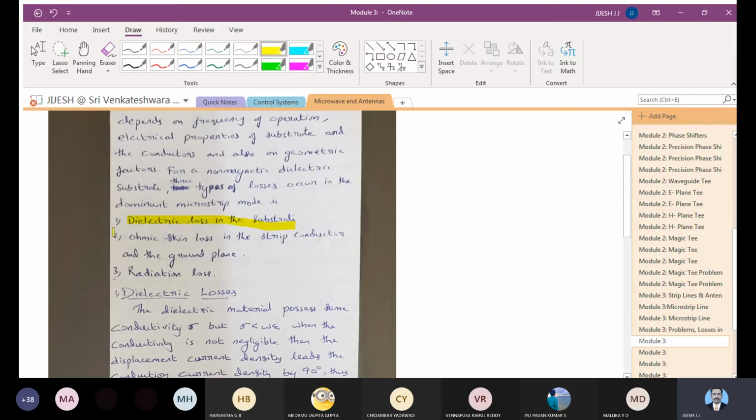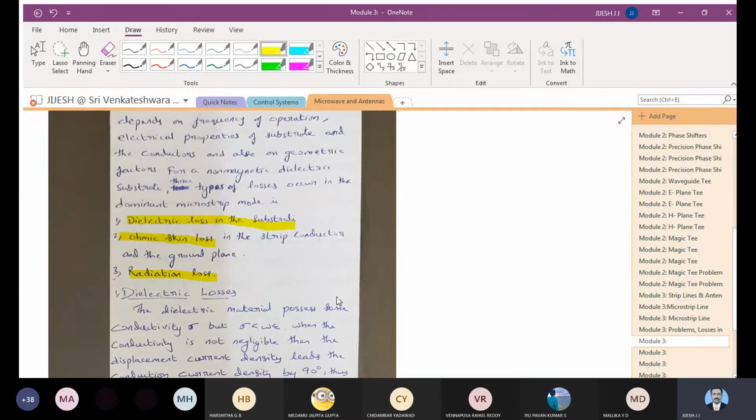So dielectric loss, ohmic skin loss and radiation loss. We are going to see each one, its calculations and equations, and how to find out the dielectric loss, the ohmic loss and the radiation loss of a microstrip line. Any signal passing through any conductor will have losses because of these parameters.